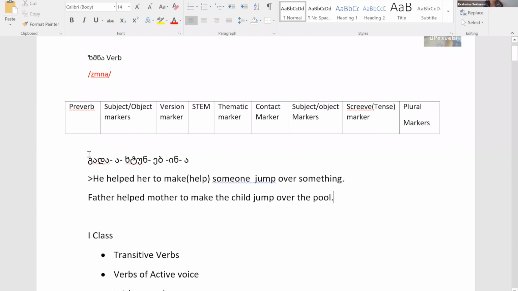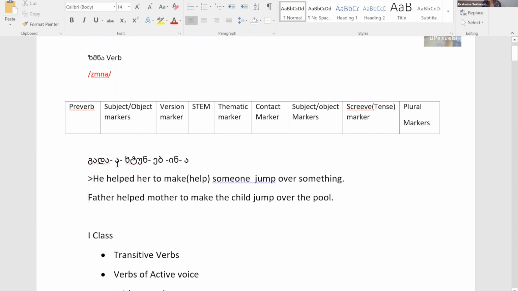So why is it difficult for a foreigner to master gadachtu bina rather than the whole English sentence? Because in the English sentence, you can look up the meaning of all the words and get a more or less accurate idea about the translation, right? Father helped mother to make the child jump over the pool. How can we find out what this gada or a or chtun separate part means? You can Google just chtun, but you won't find the meaning of the final a or the beginning a.